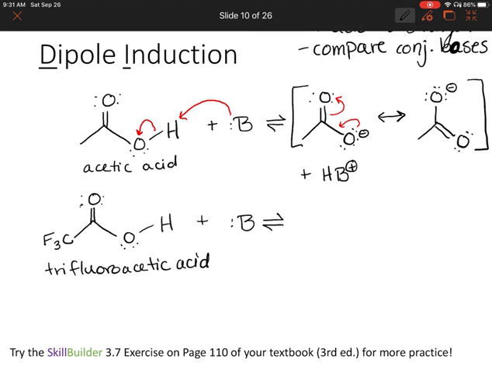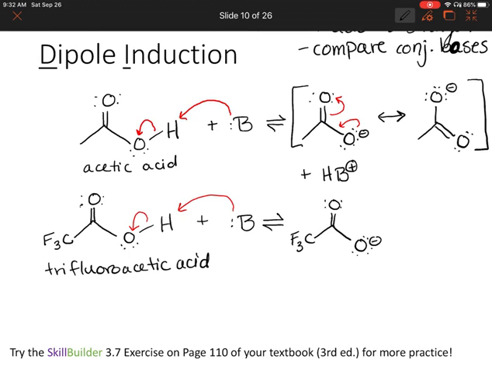So now what about our trifluoroacetic acid products? A similar thing will happen. The base will grab onto that hydrogen, and then the shared electrons between oxygen and hydrogen will end up on oxygen. Okay, so we will end up with a similar product, except again, we'll have 3 fluorines on that carbon on the left.